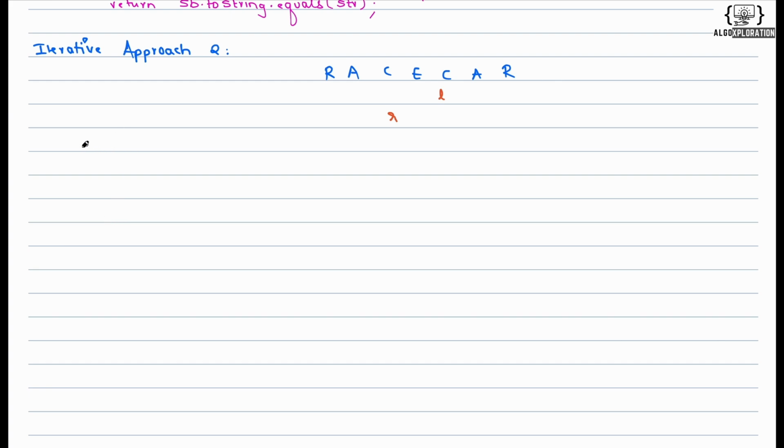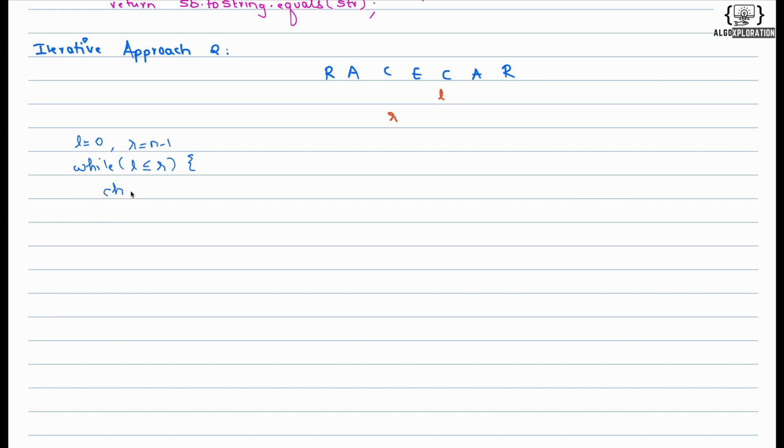So the pseudocode will look like this. Initially L will be 0 and R will be n minus 1, where n is nothing but the length of the string. Using a while loop, L should be less than or equal to R. If it is, then let's extract the left character and right character one by one.